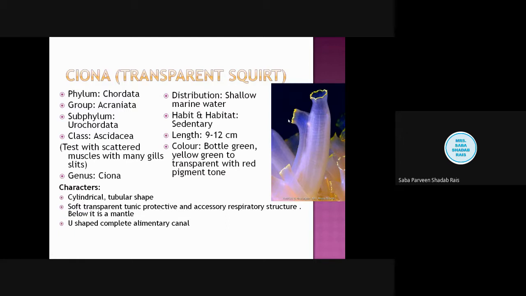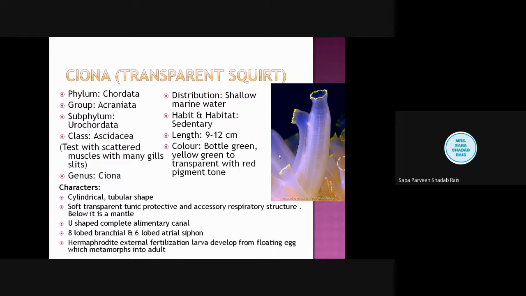The atrial siphon is used in the circulatory system, and the branchial siphon has a role in respiration. The test is not only for protection, but it also has some accessory respiratory structures which aid in the respiration of the animal.